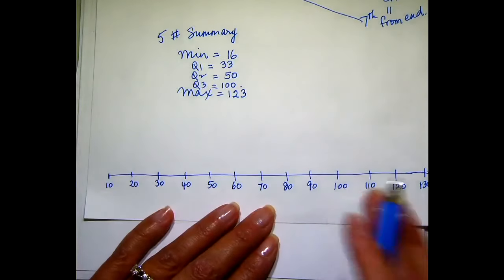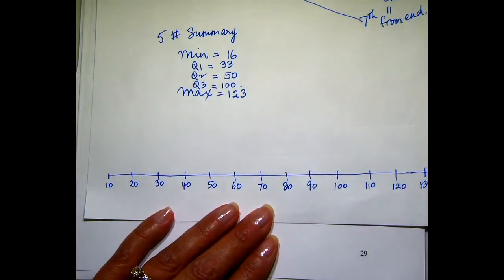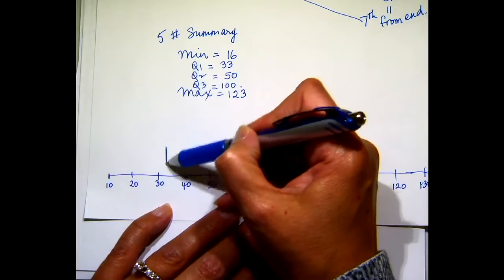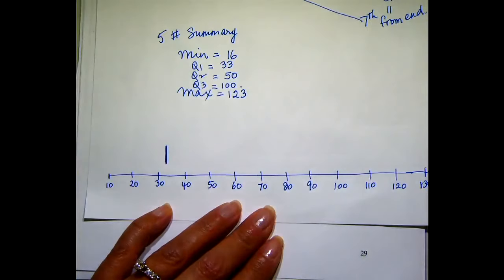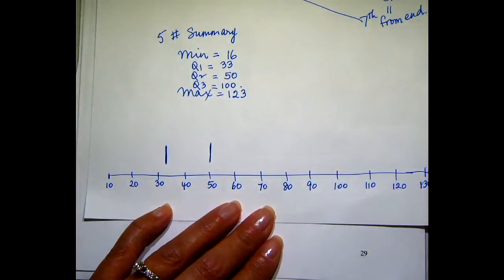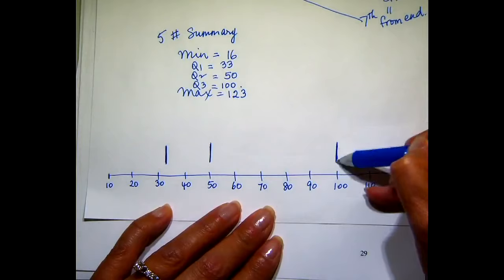Now please make a vertical line at Q1, Q2, and Q3 each. Q1 is at 33, we make a vertical line. At Q2, 50, I make another vertical line. At Q3, 100, I make another vertical line.